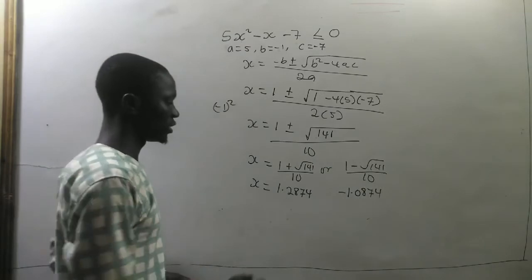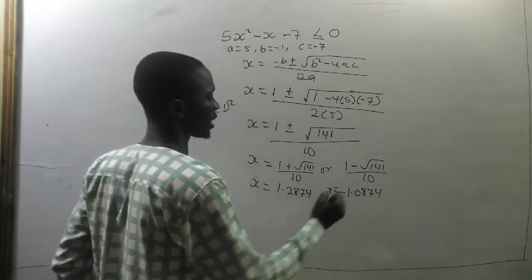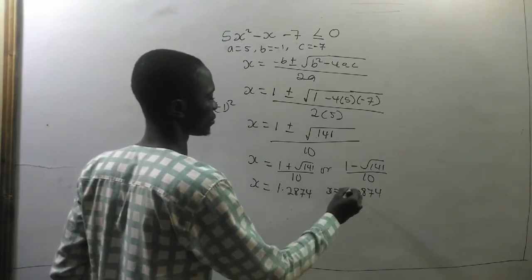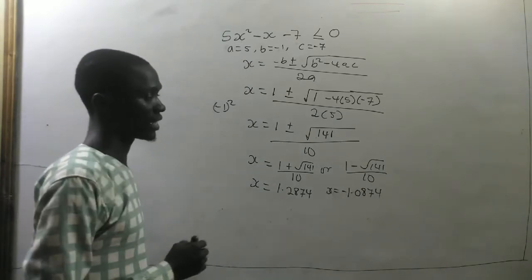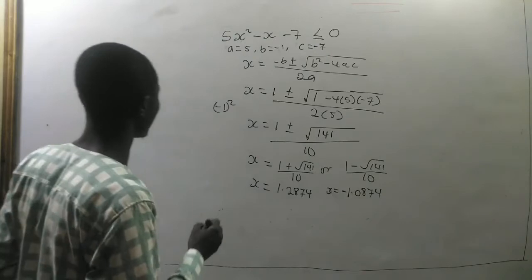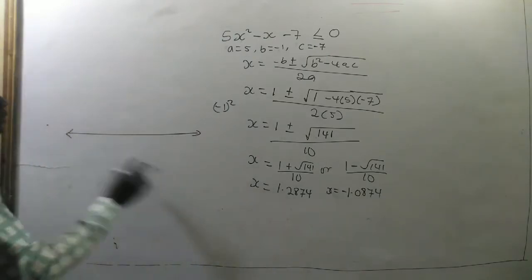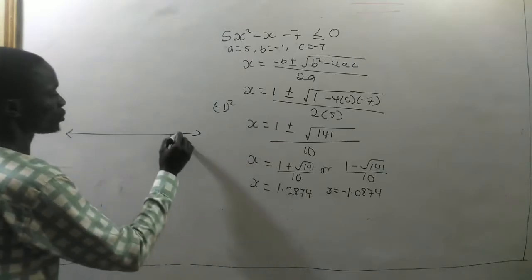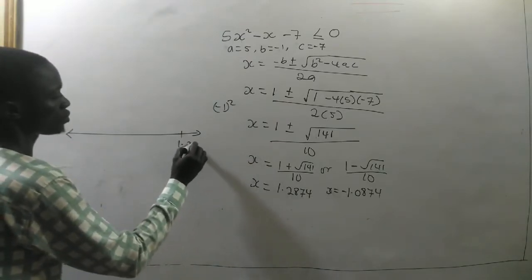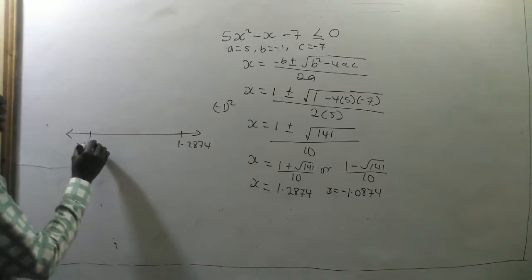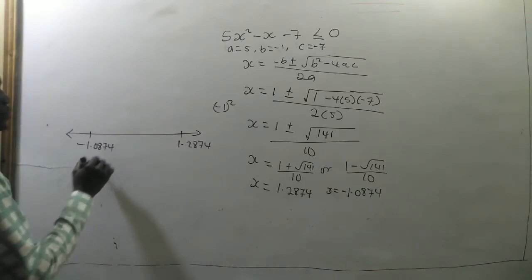So these are the x values that we have. Let's put these x values on the number line. So we draw the number line here. We are lucky this is positive, so it will go to the positive side, 1.2874. This is negative, so negative 1.0874.